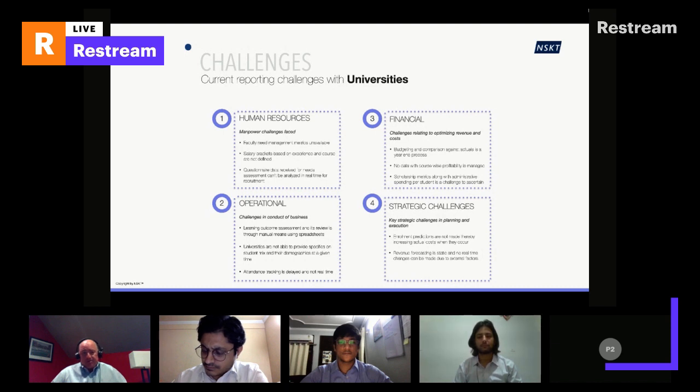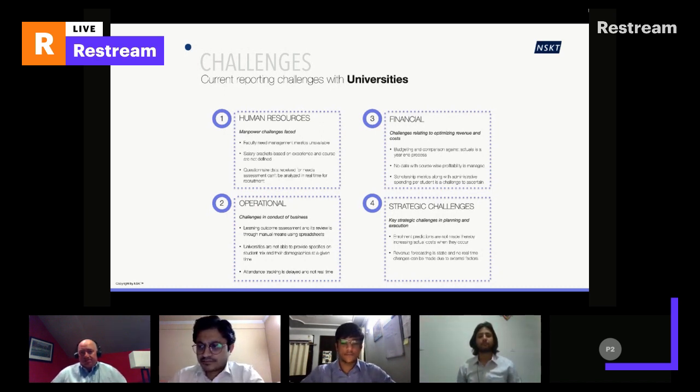Then last but certainly not least, these are our strategic challenges. This is focused on the upper administration of universities. They have more intense pressure today than ever to ensure that they're steering the university in the right direction. That small university has major challenges ahead, from competition to resources to continuing accreditation and accreditation challenges.